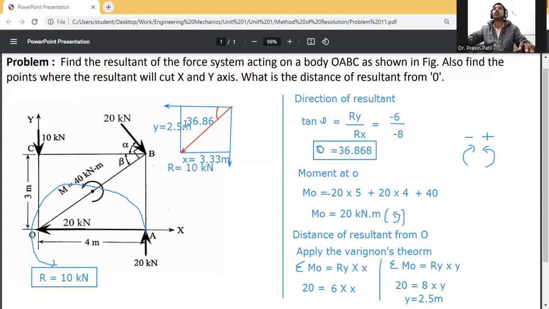It is located in the third quadrant because the summation Fx and summation Fy are both negative. This point is O, so from O, the x distance is 3.3 meter and the y distance is 2.5 meter.